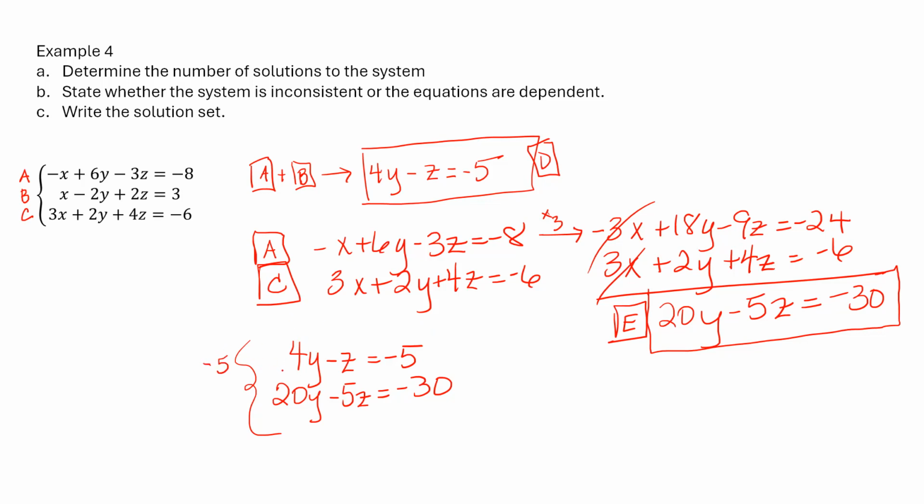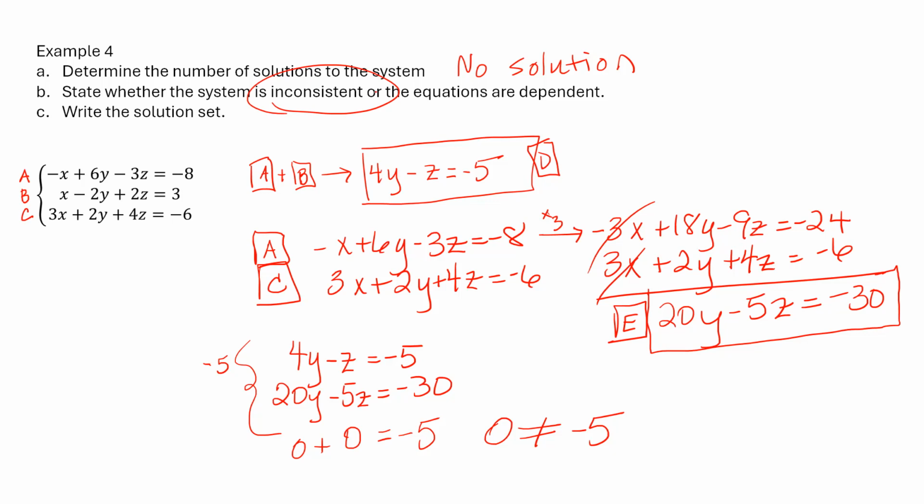Then negative 20y plus 20y gives me 0y, and 5z minus 5z gives me 0, and then negative 5 times negative 5 is 25, minus 30 is negative 5. So this tells me that 0 equals negative 5. That is not true. So this system has no solution. They are inconsistent, and the solution set is the empty set.